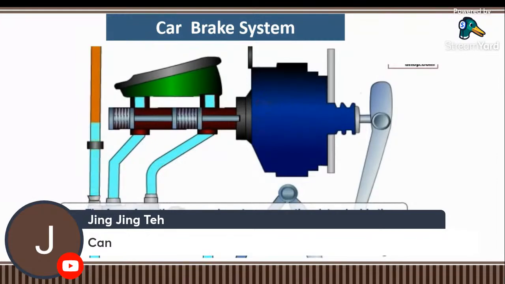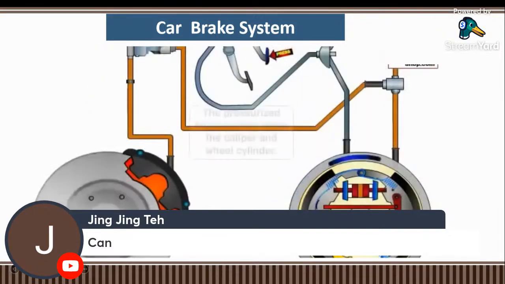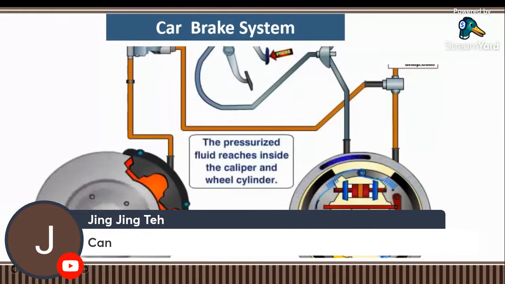Okay, so this one showing how the liquid pressure throughout the brake system is able to stop the car.